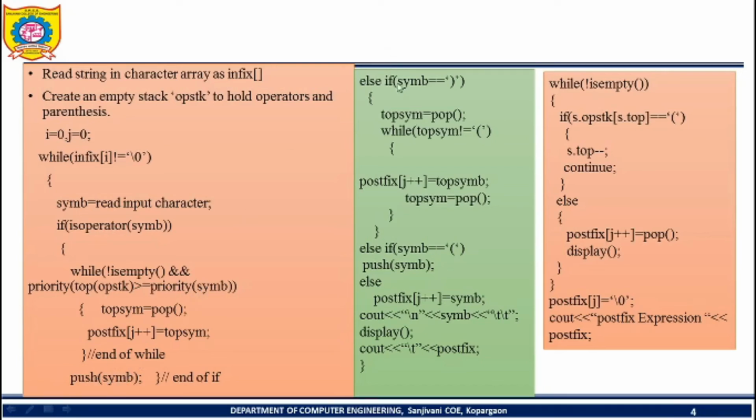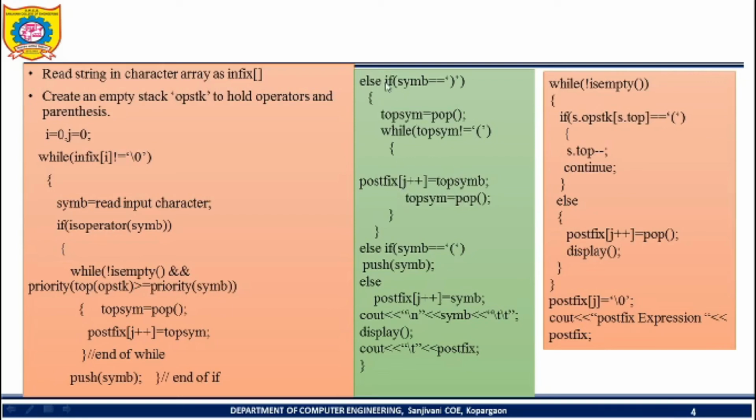Else, if the symbol is not an operator, check if the symbol is a closing bracket. For a closing bracket we pop the elements from the stack until we get the opening bracket, and all those symbols we append to the postfix expression.